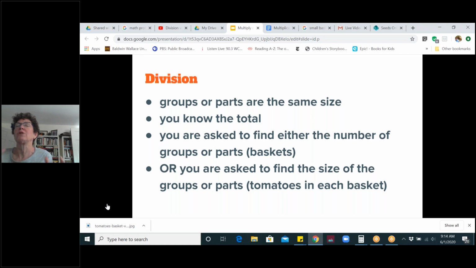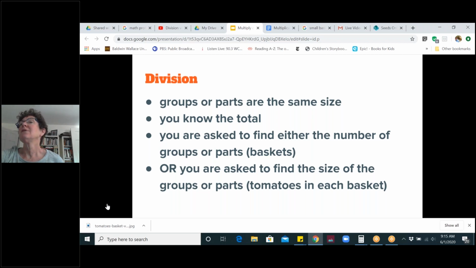How many altogether? You were asked to find either the number of groups or parts. You're either asked to say, well, how many baskets can I put this total in? Or you're asked to find the size of the groups or the parts. How many tomatoes can go in each basket?